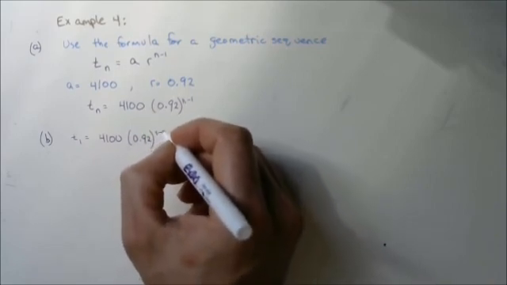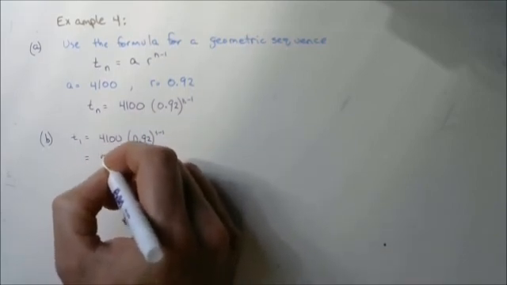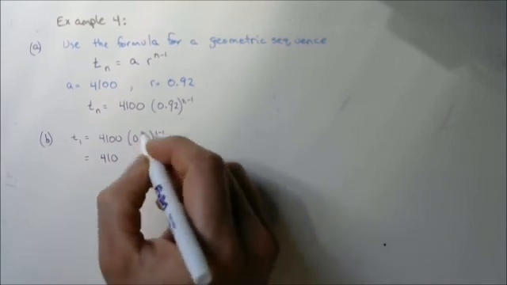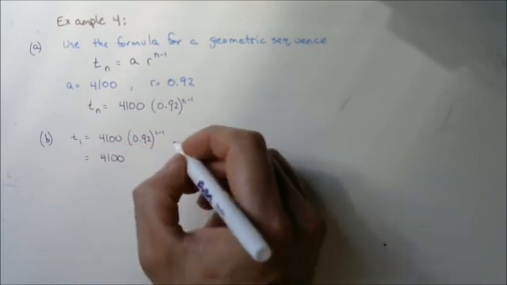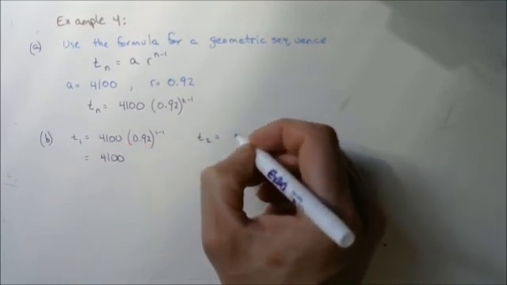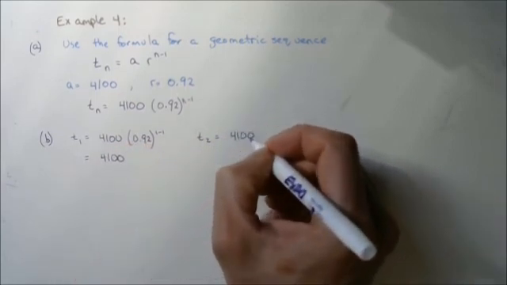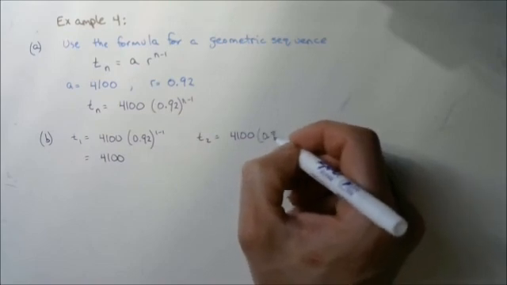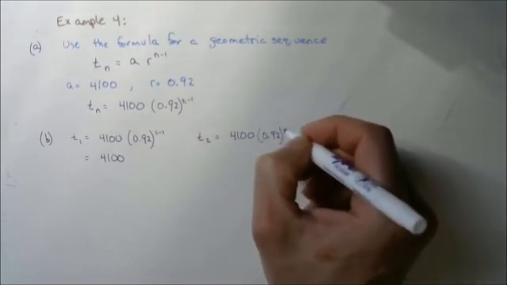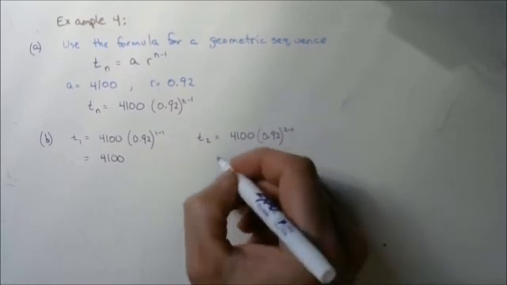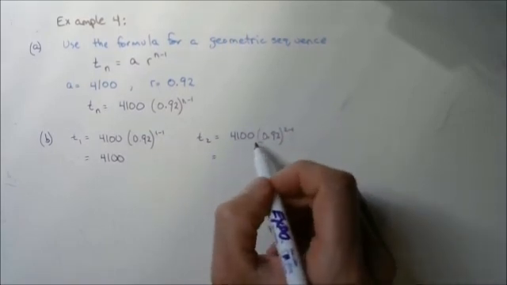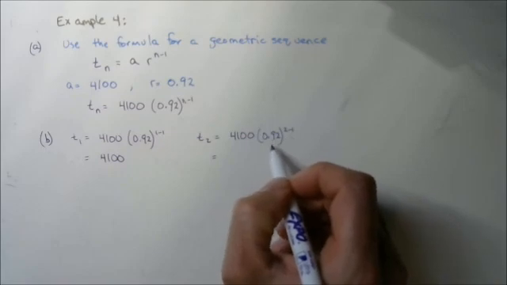Subbing in n equals 1. This whole piece reduces to 1, and we get 1 times 4,100 is 1. Second term, we have 4,100 times 0.92 to the power of 2 minus 1. So we're going to multiply 4,100 by 0.92 once.